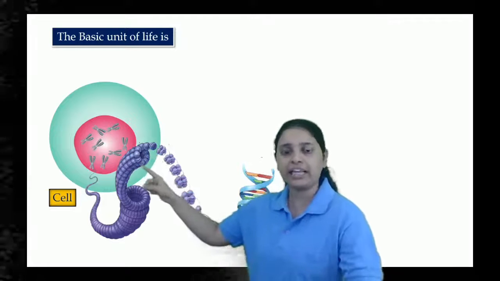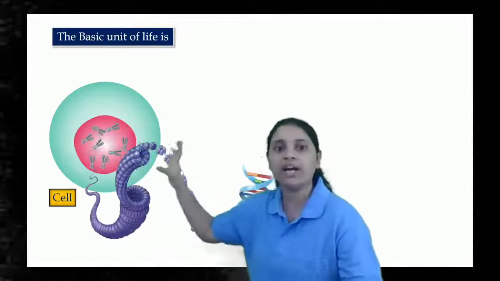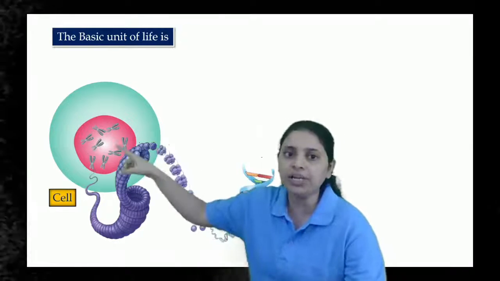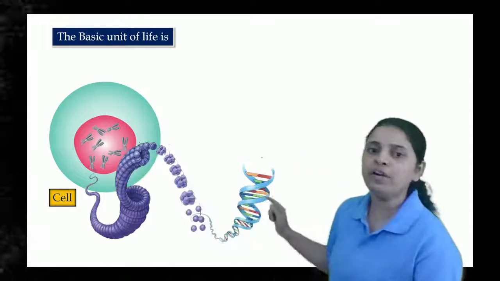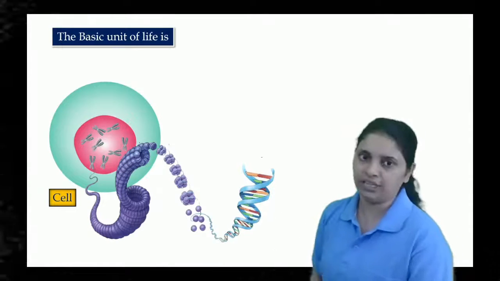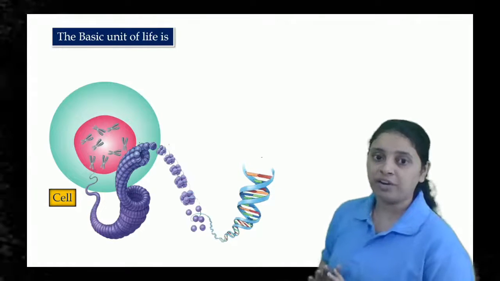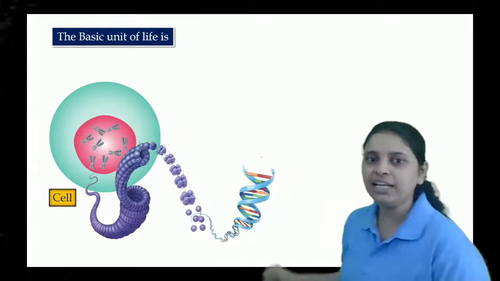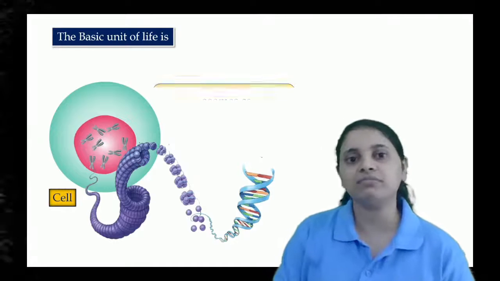Like here in the diagram you can see ये पूरा cell है और इस cell के अंदर ये well-defined membrane-bound nucleus है और इस nucleus के अंदर chromosomes है. Chromosomes are ultimately made up of DNA and proteins. So we are basically interested in this DNA, right? Because the genetic information is present in the sequence of this DNA, right?